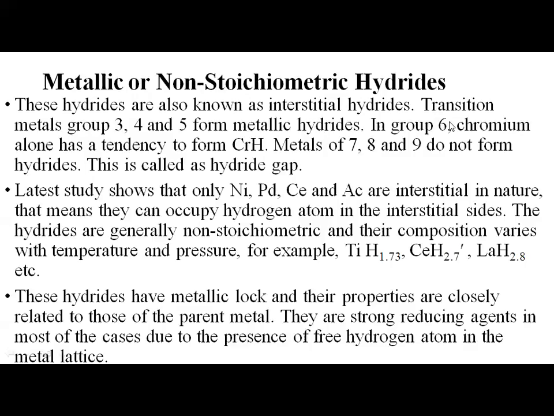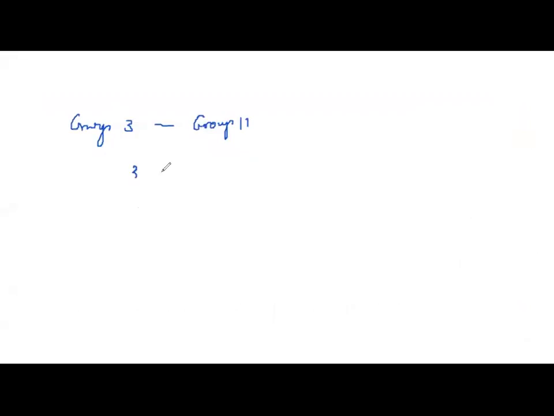All the elements in these groups form metallic hydrides. In group 6, only chromium forms a hydride, CrH. Groups 7, 8, 9 do not form any hydrides. Again, groups 10 and 11 form hydrides.